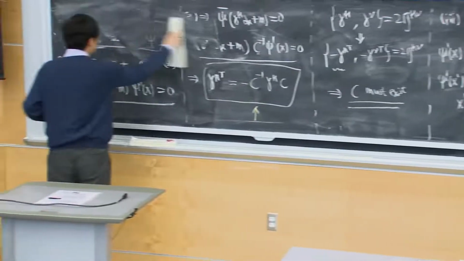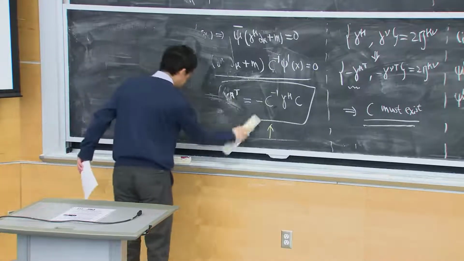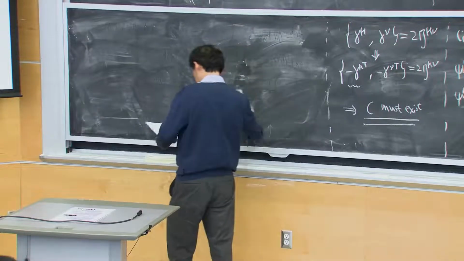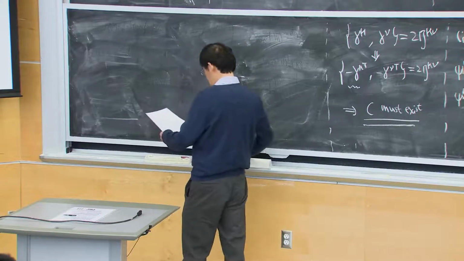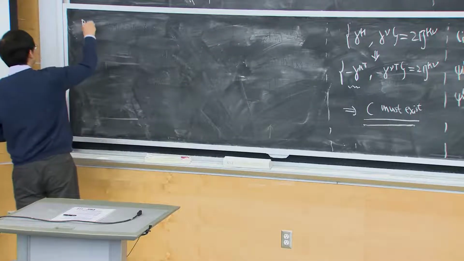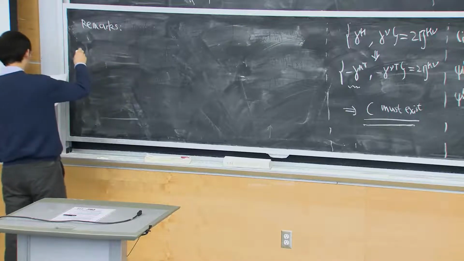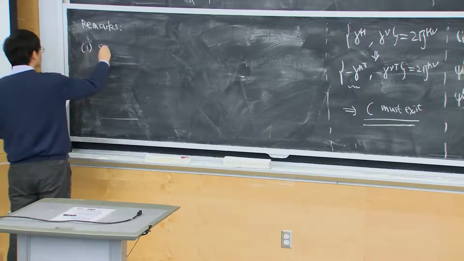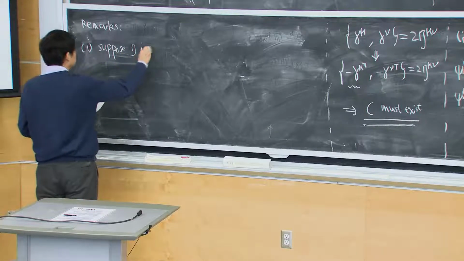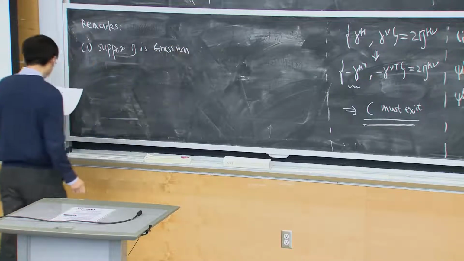So now let's make a couple of remarks. Suppose eta is another Grassmann variable, which means it also anti-commutes.